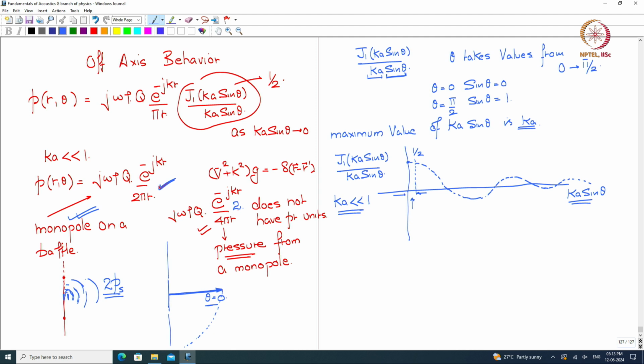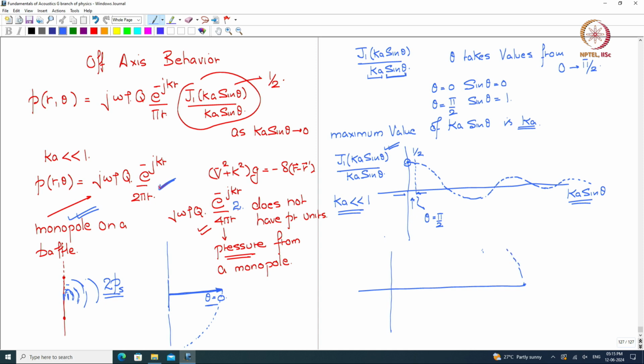So now if we look at this expression, and plot this physically, at small values of theta we have a peak, and by the time we reach theta equal to pi by 2, we have only slightly dropped.